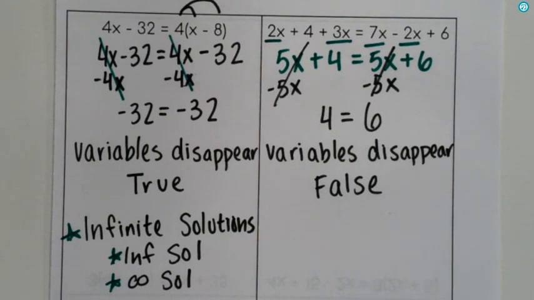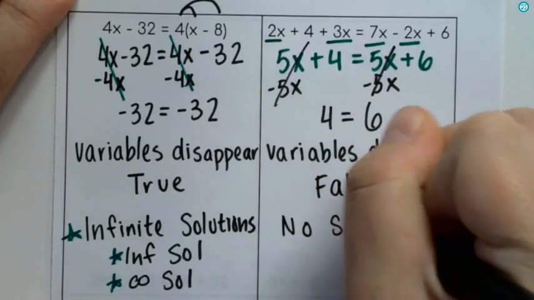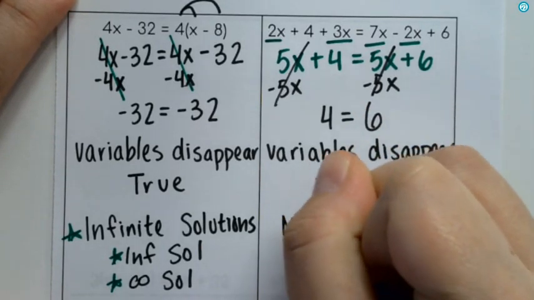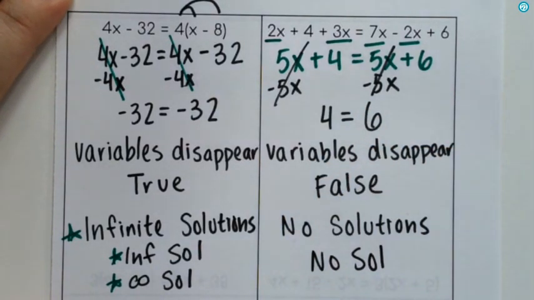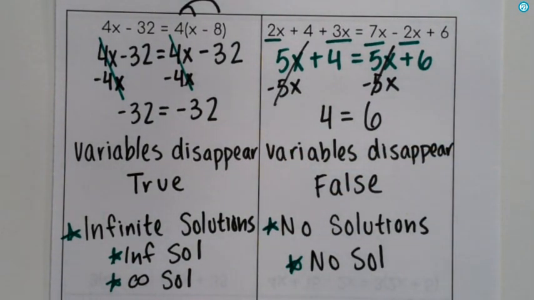There is no possible number that would make this equation true, because your variables are always going to cancel out, and you're always going to be left with a false statement. So our answer to this would be no solutions, or you could write no SOL. Okay? So one of these things is what you would need to write down.